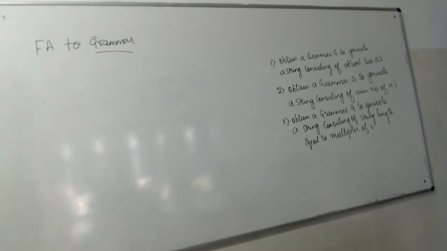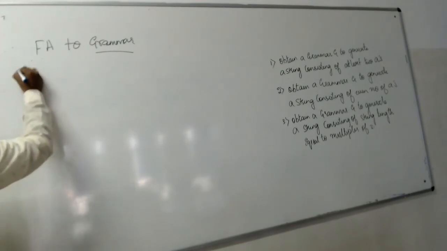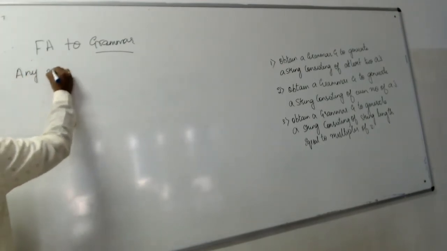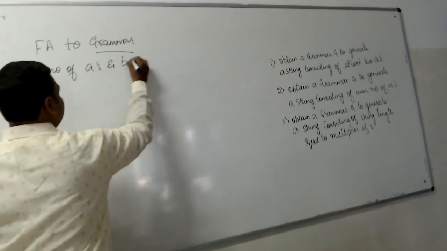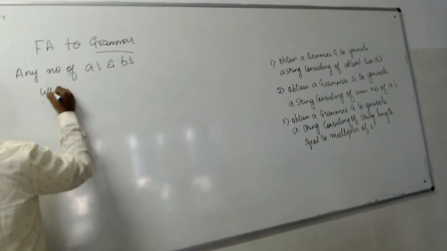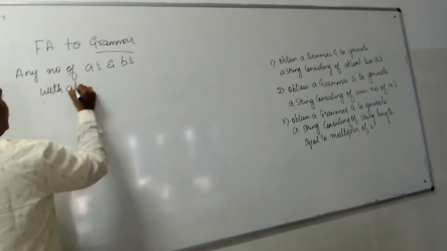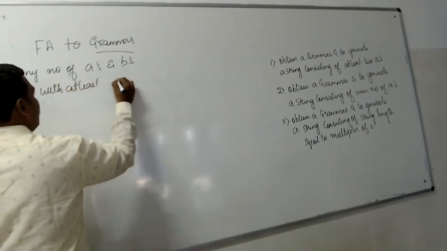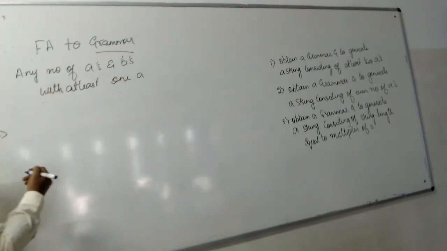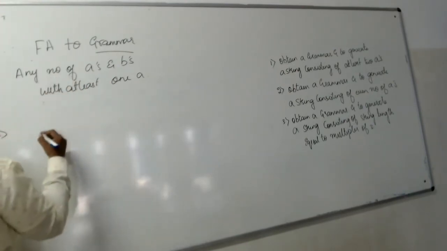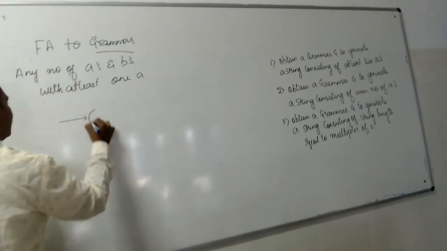Obtain a grammar G to generate a string consisting of any number of A's and B's with at least one A. Any number of A's and B's with at least one A. For this, let me try to draw a DFA. At least one A. So one A ಅಂದ್ರೆ ನನಗೆ ಇದು ಬೇಕೇಬೇಕು.